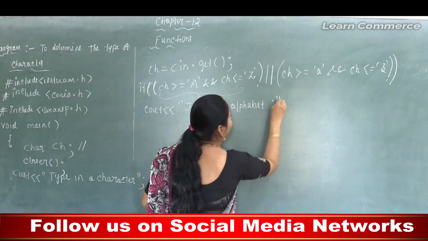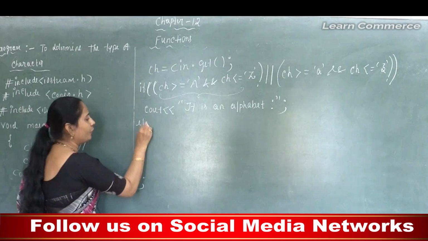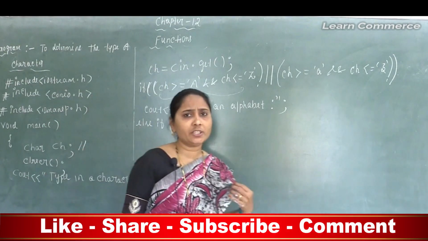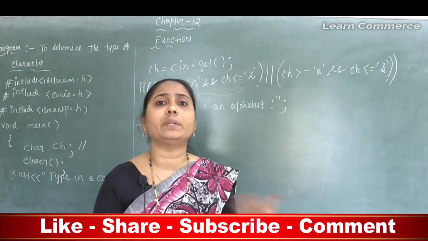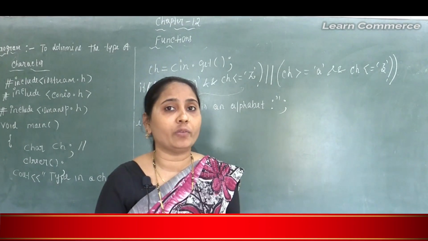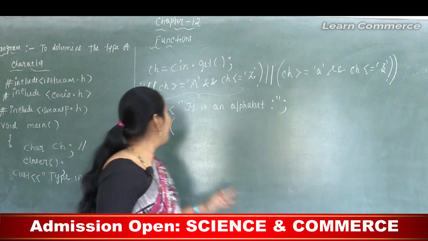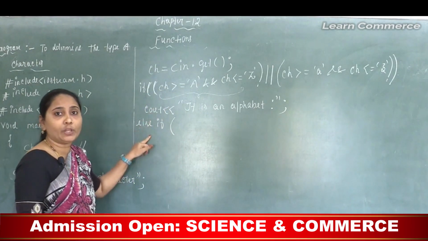It is an alphabet. Clear this point here? Else if, every time it's not necessary, sometimes as your wish, we are going to input some data into the computer. It's not necessary just the alphabet. Every time we need to input. So maybe you want to input another thing into the program here.